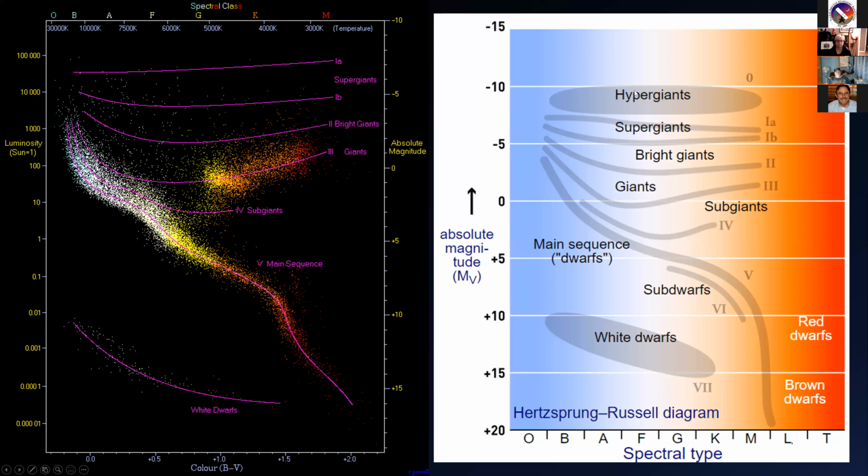I'll talk a little more briefly about those later in the presentation. I didn't have time to go into giants and subgiants. We'll also talk about these letterings here in the coming seconds. But this is one of the most significant works that came out and helped quantify and guide us in determining the evolution of a star.